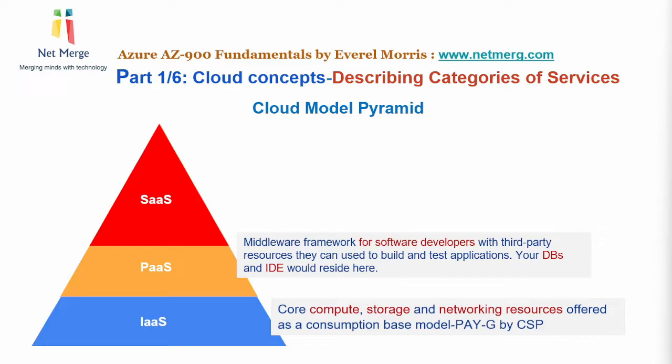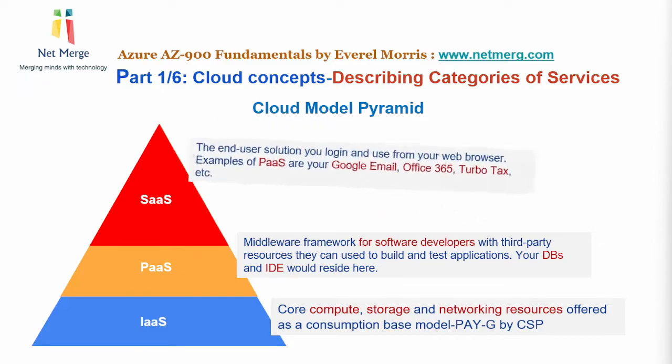If you're a software developer like myself, you would bring your Visual Studio. If you're a Java developer or Python developer, you would bring your integrated development environment at this location. This is where you would install your development suite or your text editor at the platform as a service level.